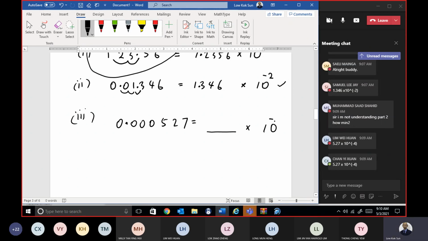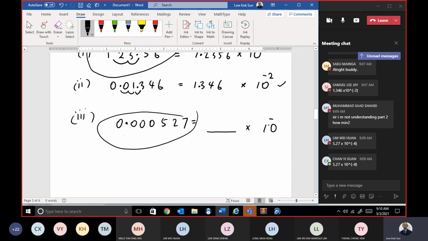Yes, we move backwards, correct. But the negative is confirmed by the size, less than 1. Less than 1 is automatically negative, because this number is 0.00 something, very small, less than 1. Whenever less than 1, the power is going to be negative.